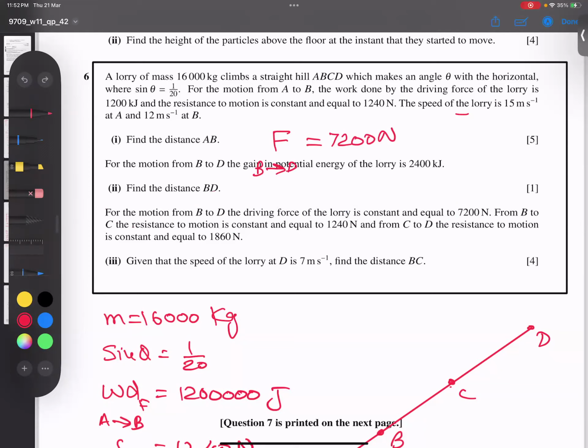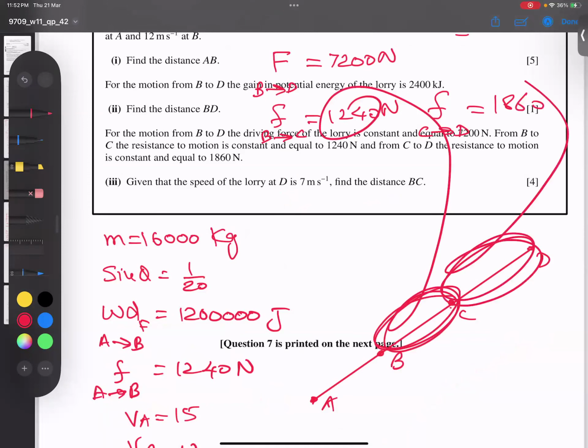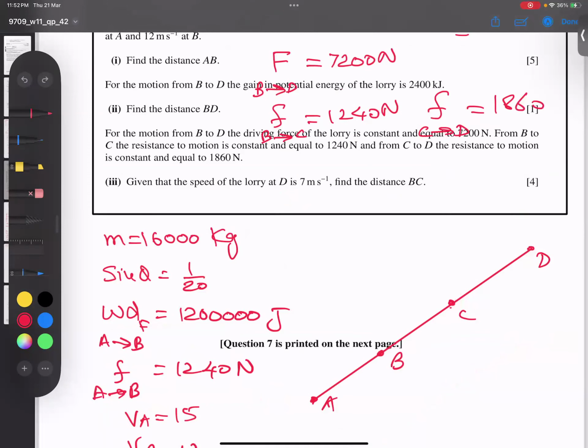So look here, friction force from B to C is 1,240 newtons, and C to D friction force is 1,860. It means he broke it into 2 parts, B to C and C to D. I repeat, this friction force is something different, and this friction force is something different.